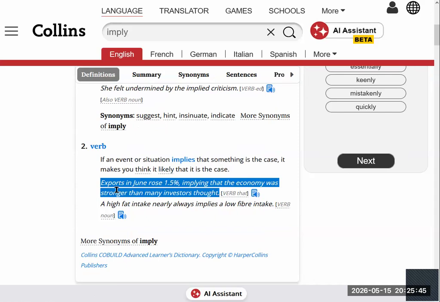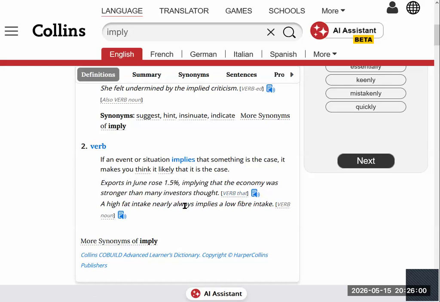Exports in June rose 1.5%, implying that the economy was stronger than many investors thought. It looks like some small evidence, a good way of looking at it. It's good evidence to indicate something. It's got indicate up here as a possible synonym, isn't it?